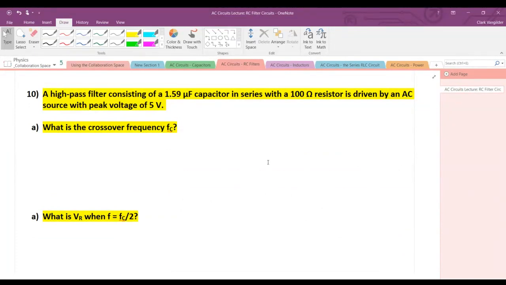So, high pass filter, 1.5 microfarad, 100 ohm resistor driven by an AC source with peak voltage of 5. What is the crossover frequency? All right, so we have seen this formula before. Crossover frequency is 1 over 2 pi RC. And so this is not a complicated thing.